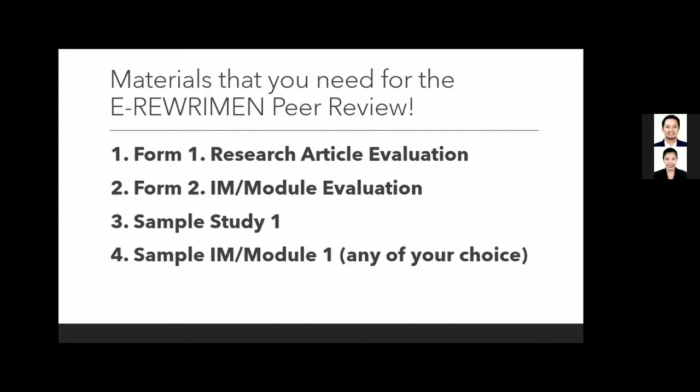In this IM, we will not be giving you the IM. I think some of you have written your modules already, or you have used a certain module written by your group or any group. We would like you to choose one and try to evaluate it. You do your self-evaluation using our Form number 2.